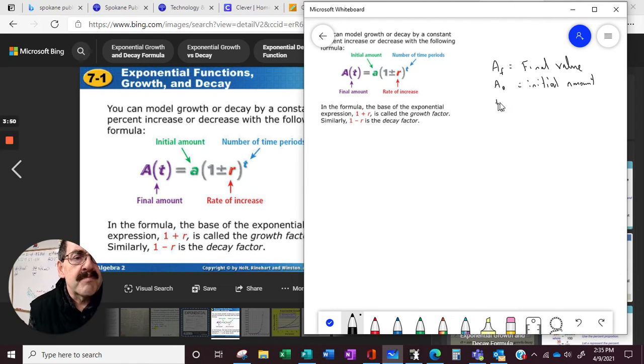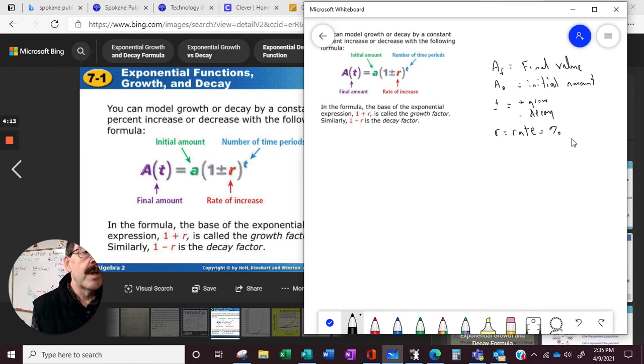And we have plus or minus: plus for growth, minus for decay. R is the rate. Now remember, when we work on rate, they always give it to us in percent, but we have no percent button on these calculators. There's no percent key.